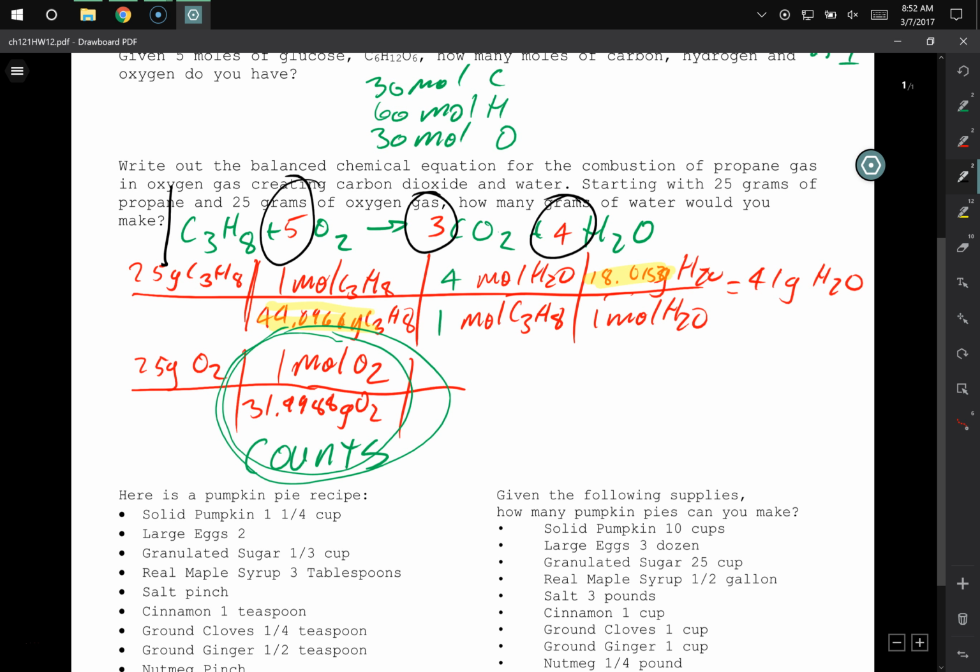What does it not talk about? It doesn't care what the mass is. I need 1 and 5 to go together to make 3 and 4. So I don't care that I have 25 grams. I need to know how many actual oxygens I have, how many actual propanes I have. I count. I need a specific number of them.